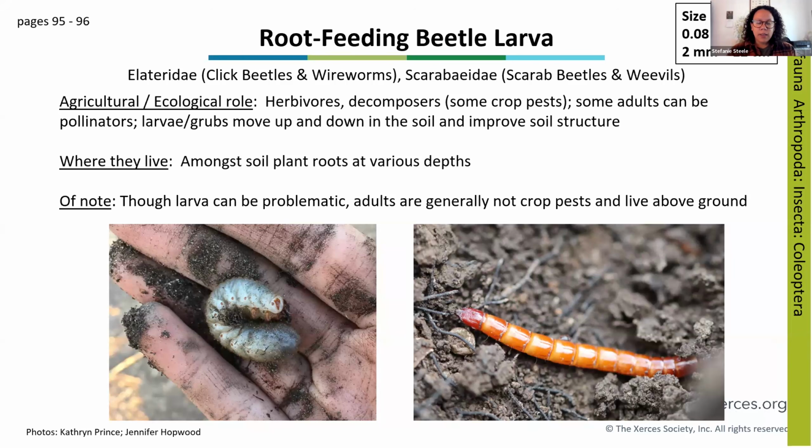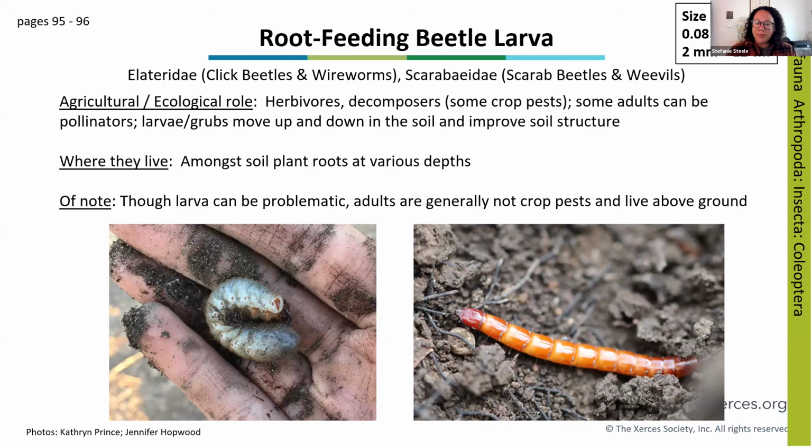Many of these grubs and wireworms are herbivores as they're feeding on plant roots in the soil, so some might be considered crop pests, but they are also burrowing in the soil, and through that work, they're contributing to improving the soil structure.